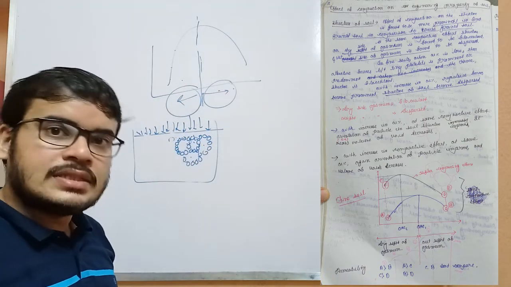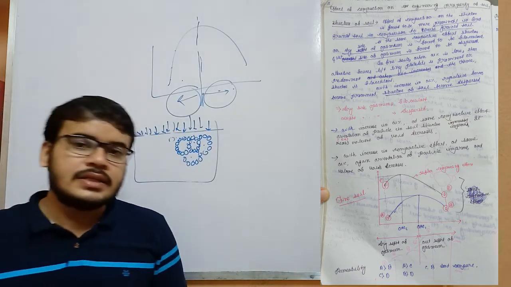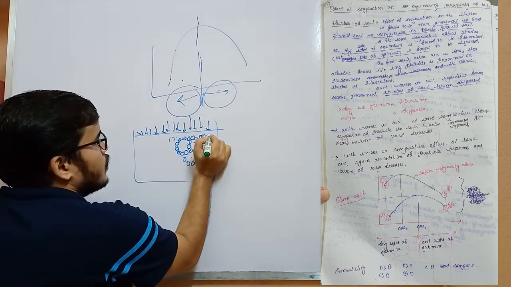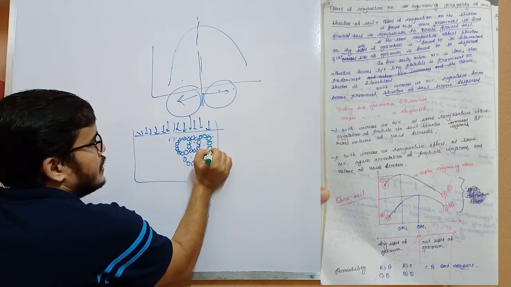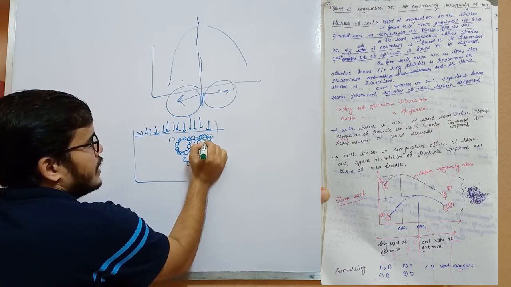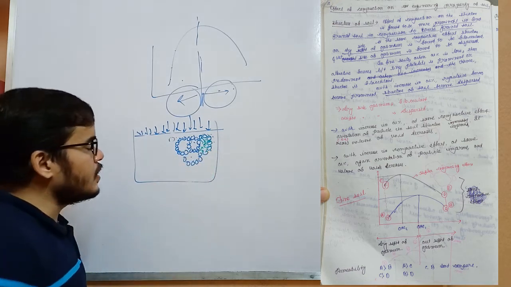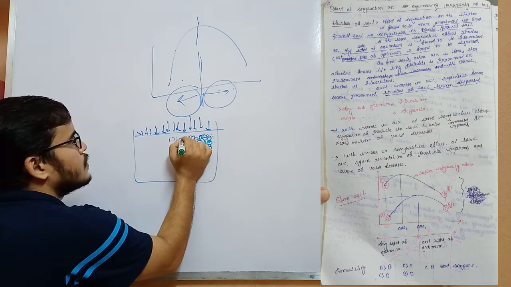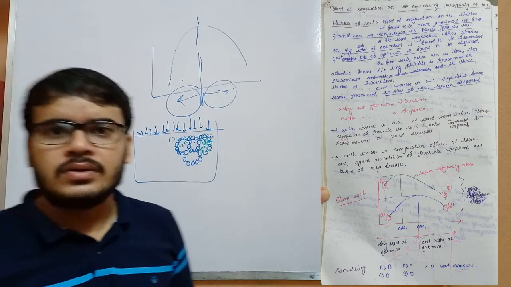But when we start increasing the water content, the water molecules will surround the soil solid like this, and then they will start sliding on each other due to the application of the load.